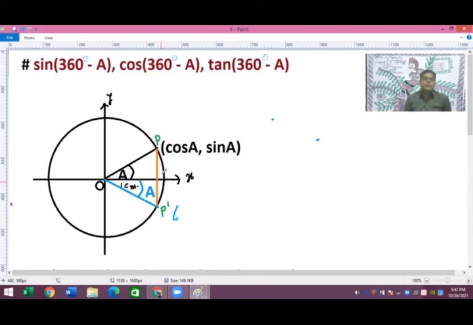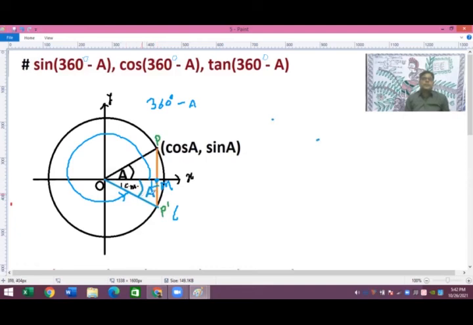You can say that the whole circle is 360 degrees, but we are taking from here up till here as 360 degrees minus A. So if you like, you can write over here M, because they have the common foot of the perpendiculars, because these two angles are equal.